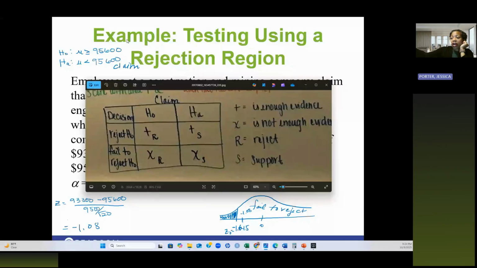So you're in the second column, alternative hypothesis. Second column. And we are failing to reject here. So the verbiage goes, there is not enough evidence to support the claim.